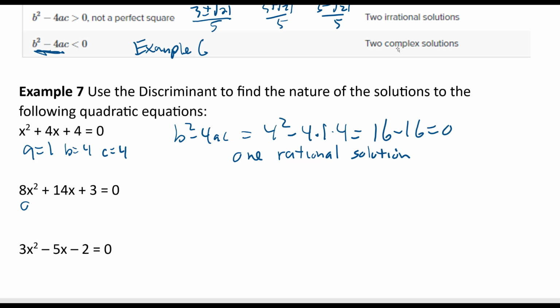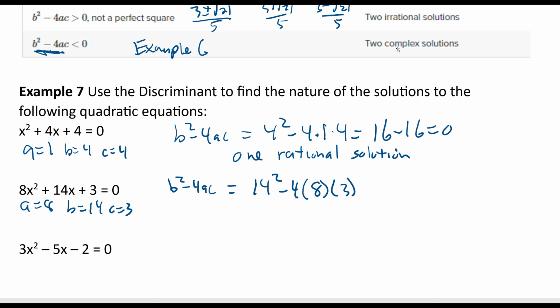The next one, our a is 8, our b is 14, and our c is 3. So b squared minus 4ac is going to be 14 squared minus 4 times 8 times 3.